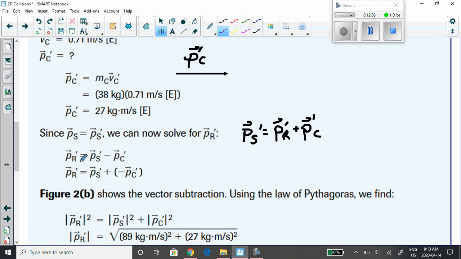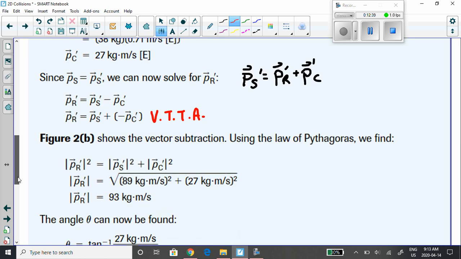All we did is bring the PC prime over to the other side. Now they're saying that subtracting a vector is the same as adding the negative of that vector. The reason they're setting up addition is they want to get a diagram going so they can do vector tip-to-tail addition. That's why they've done this little mathematical trick here.